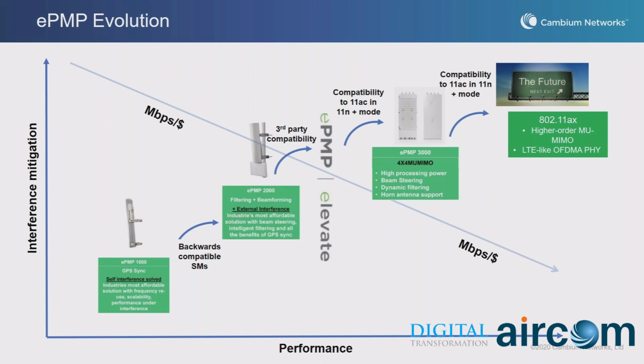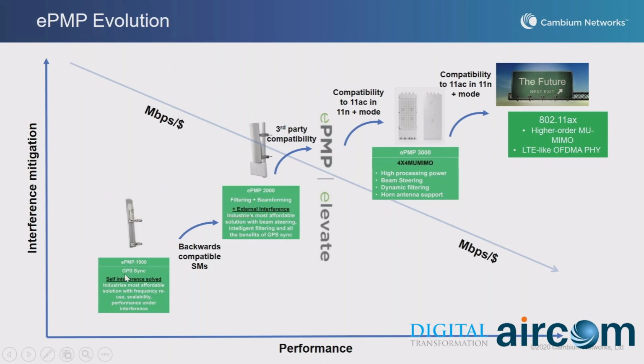So today we are talking about ePMP, and we introduced ePMP with the ePMP 1000. And I want to believe that we understand the standards of IEEE. So IEEE has a family of standards like the IEEE 802.11 family of standards. So ePMP was the 11N standard. ePMP was introduced in order to solve self-interference and also to give you a better performance for your broadband network on your WISP.